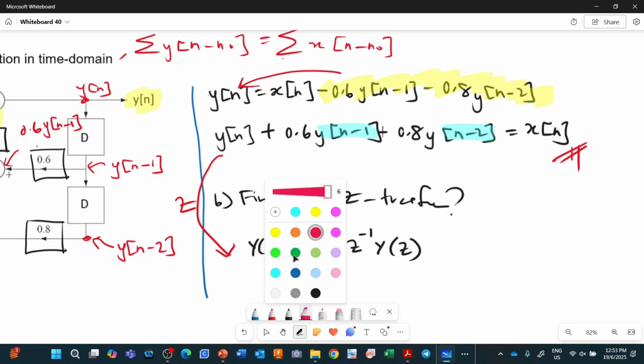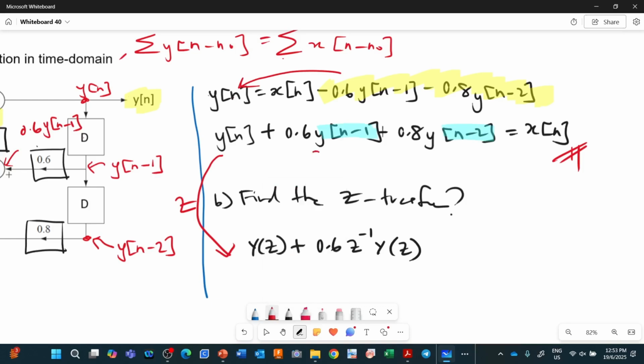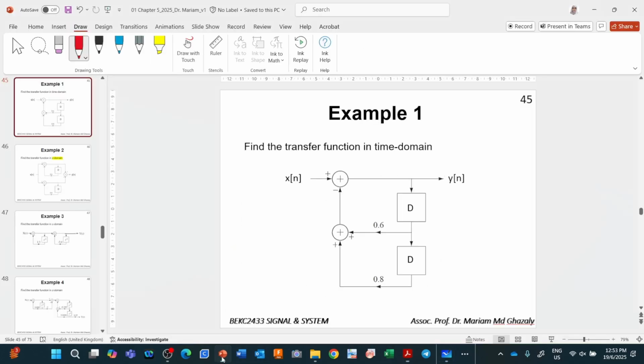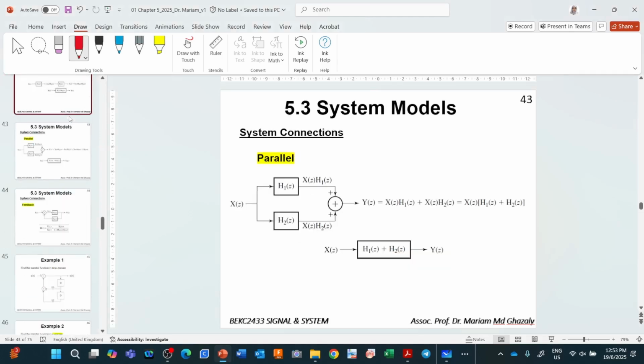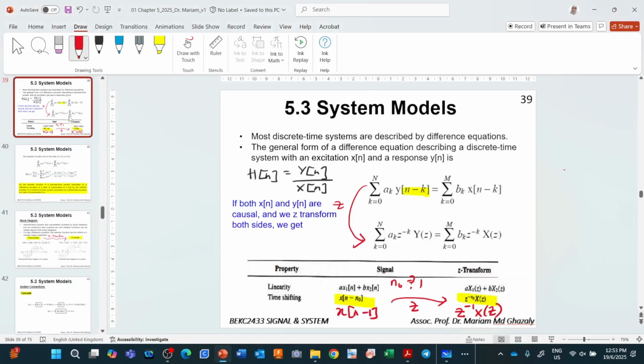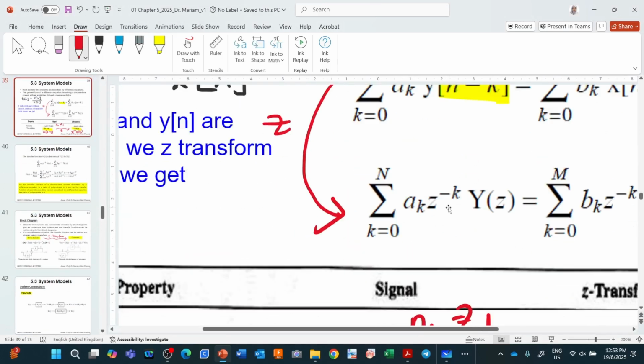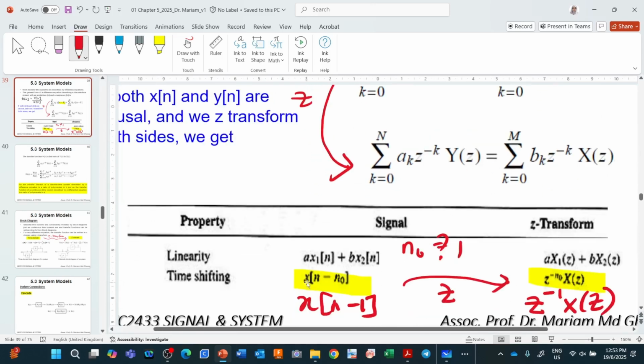So let me just write here, shifting property. Also the same thing here. So you need to refer to the shifting property table. x[n-n0], right? So your shift is 1, so you write it as z to the power minus 1.